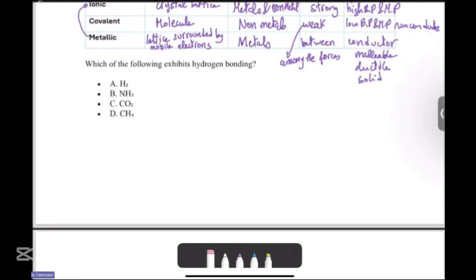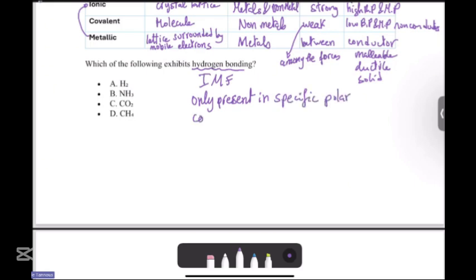Now, which of the following exhibit hydrogen bonding? Hydrogen bonding is an intermolecular force. I'm going to repeat this. This intermolecular force is only present in specific polar covalent compounds, in the very strongly polar covalent compounds.